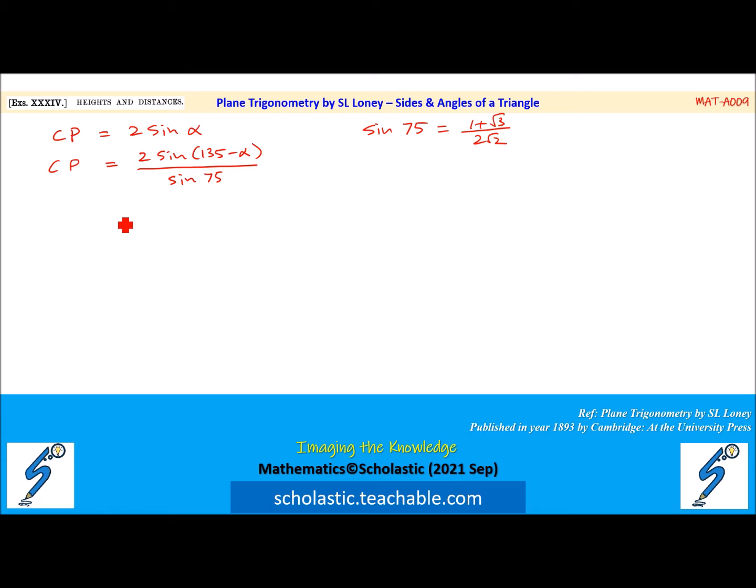So we can substitute them here: 2 times 2 root 2 divided by 1 plus root 3 times sine of 135 minus alpha.